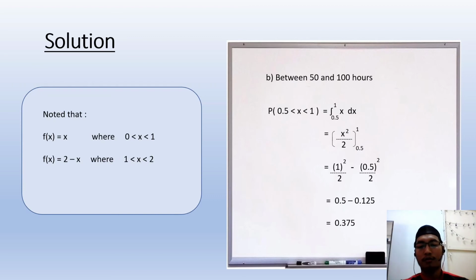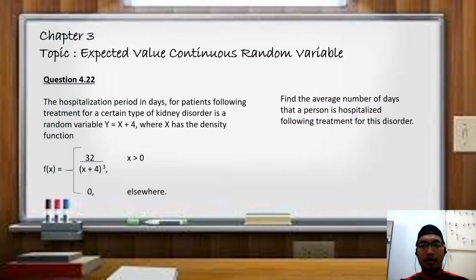So the solution is, we integrate function x with limits 0.5 and 1 dx, and then we substitute the values, and the final answer we got is 0.375.